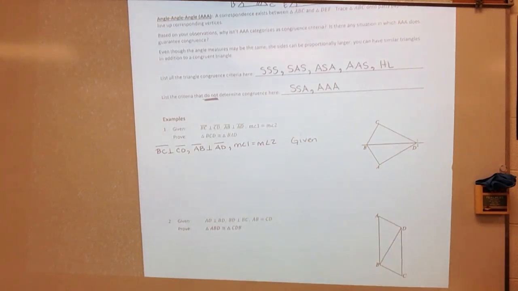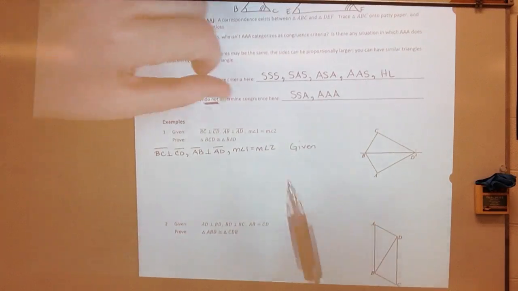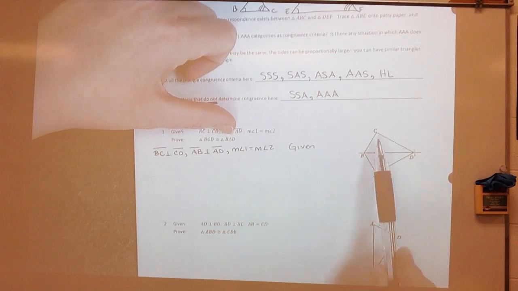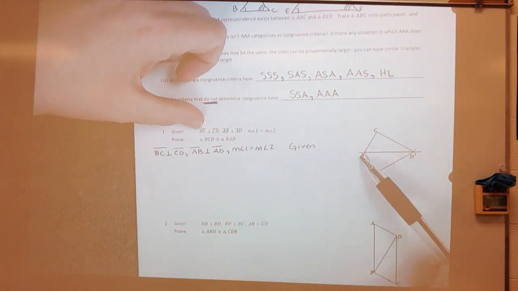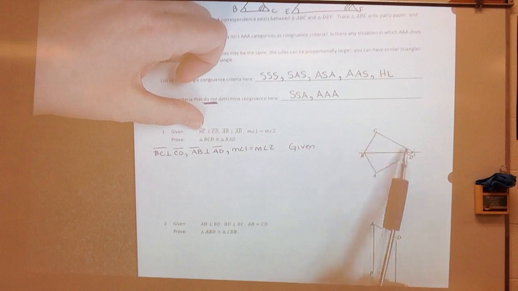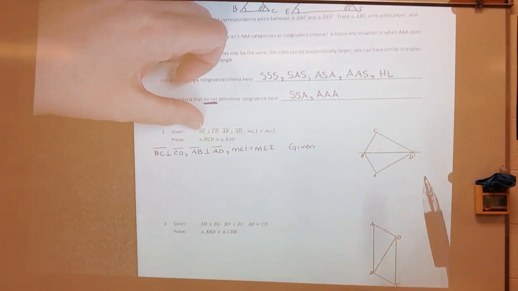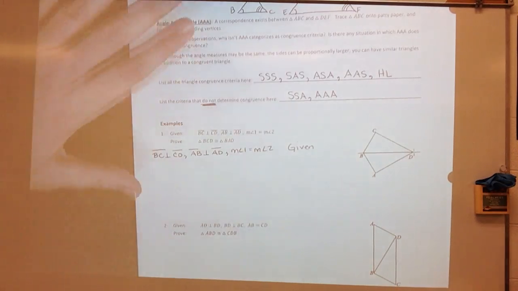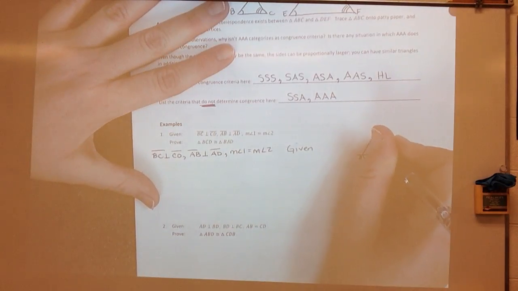Now let's talk about what we know. If they are perpendicular, what do we know about these angles? If BC is perpendicular to CD, then where those two come together, we have a right angle.